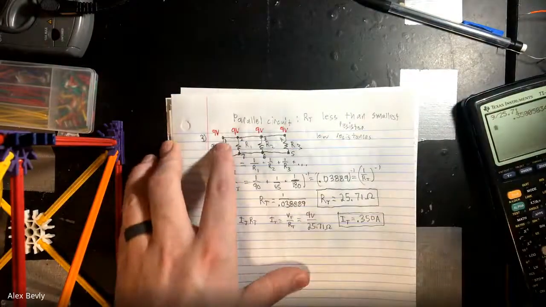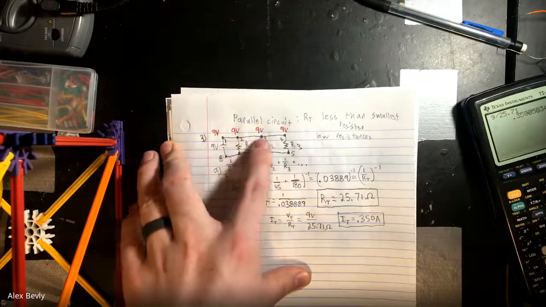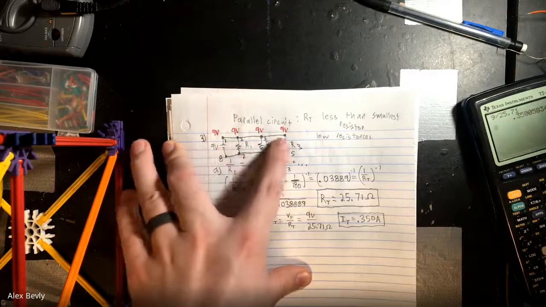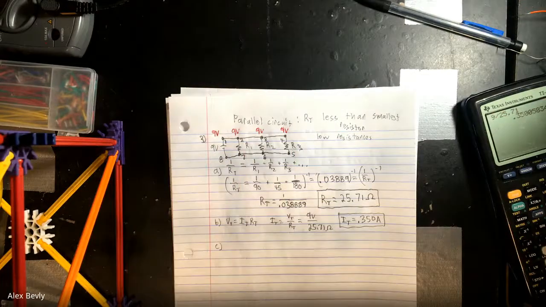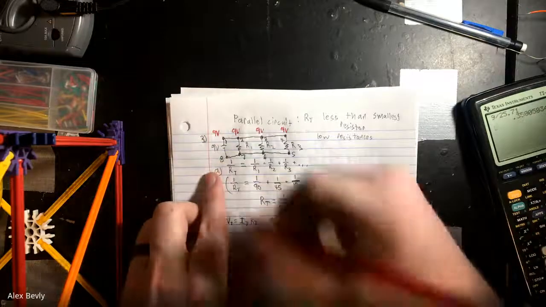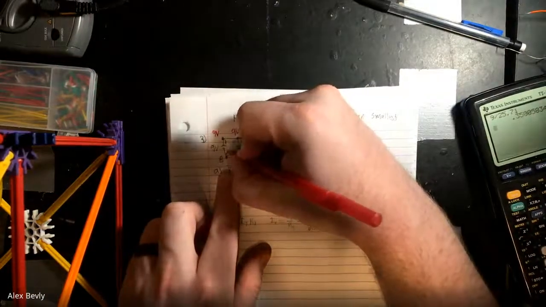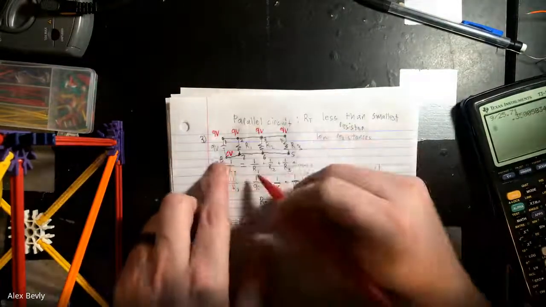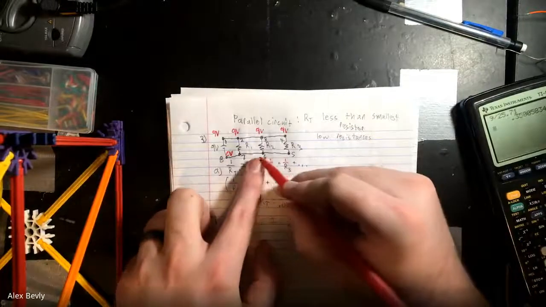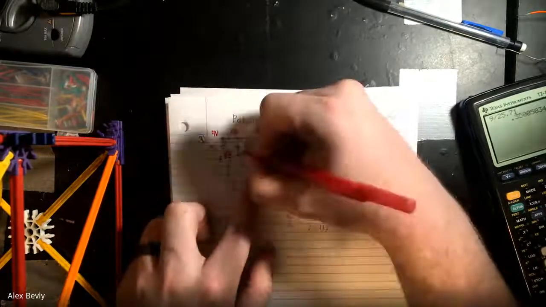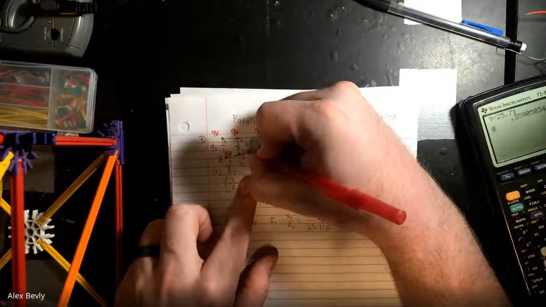So this whole area up here is connected to the battery at 9 volts. When I get back to my battery, I'm going to have 0 volts. But there's no resistors in here, so that means I'm going to have 0 volts along this entire bottom.